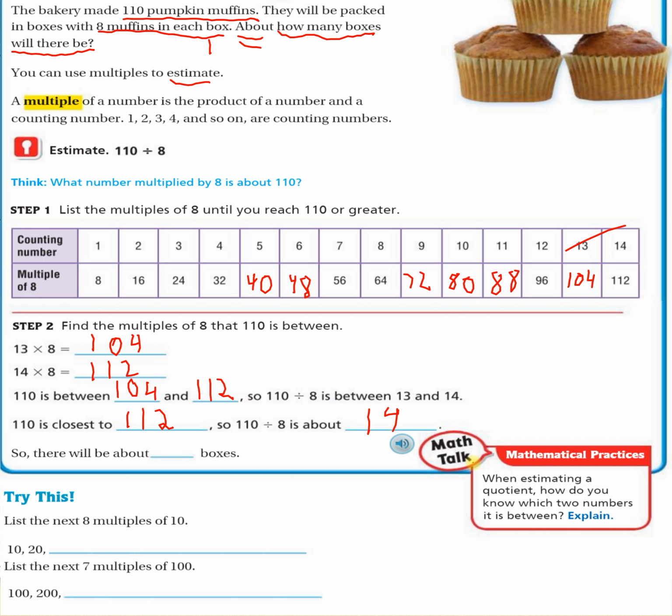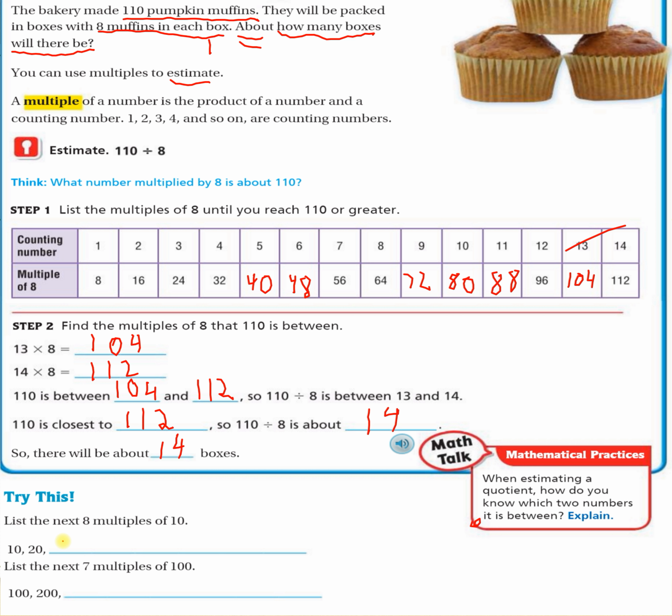So there will be about, and remember our counting numbers up at the top represented our boxes. Where's my mark? There it is. 14.